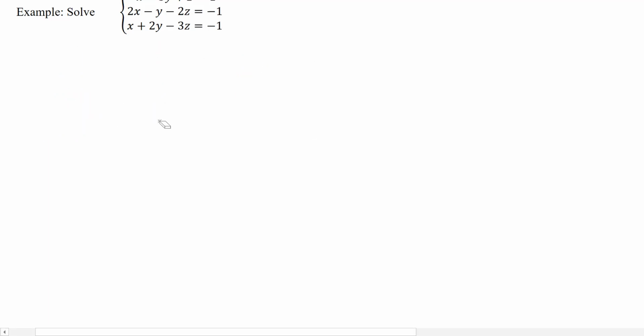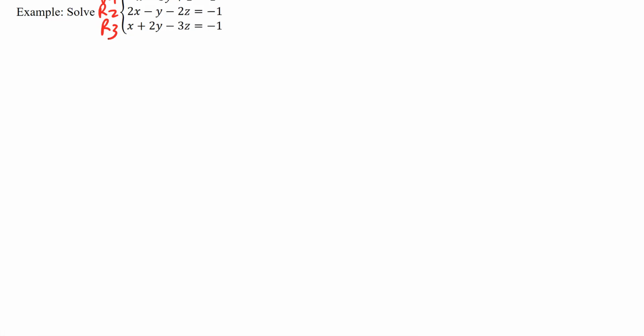So the first thing we want to do is make it so that the only equation that has an x term is the first equation. Okay? So to do that, let's go ahead and number our equations: row 1, row 2, row 3. All right, so we want to cancel the x's in the second two equations.